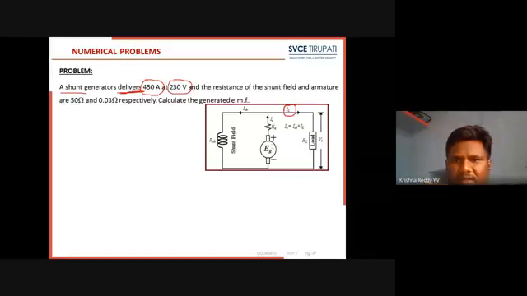So IL is equal to 450 amperes and VT is 230 volts.